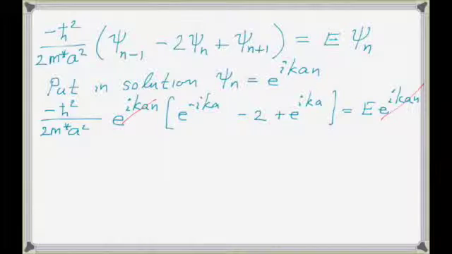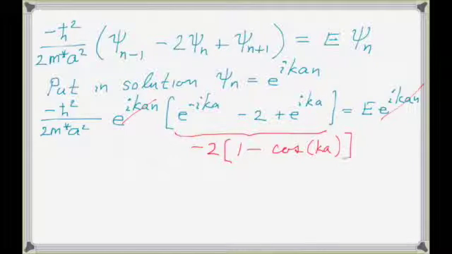And so we get from our finite difference solution that this thing in the brackets is minus 2 times 1 minus cosine Ka, so negative 2 plus 2 cosine Ka. That's the thing in the brackets, right?